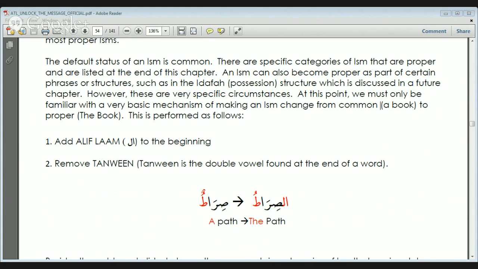How do I make it proper? Al-kitab, right? Al-kitab. Now instead of being a book, it means the book. Salamun means peace. But if I say as-salam means the peace. Kursi. If I write al-kursi means the chair. Bi'run means what? A well. We just went over that today. Now it means the well.